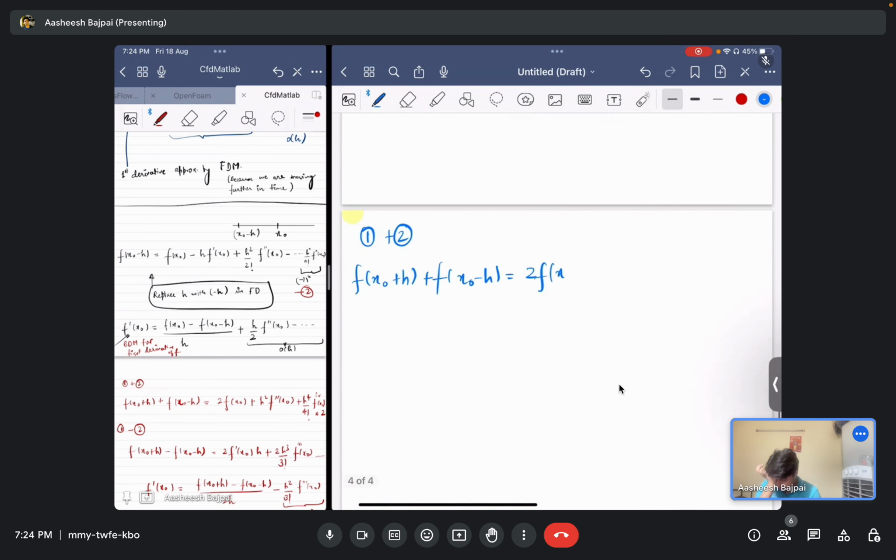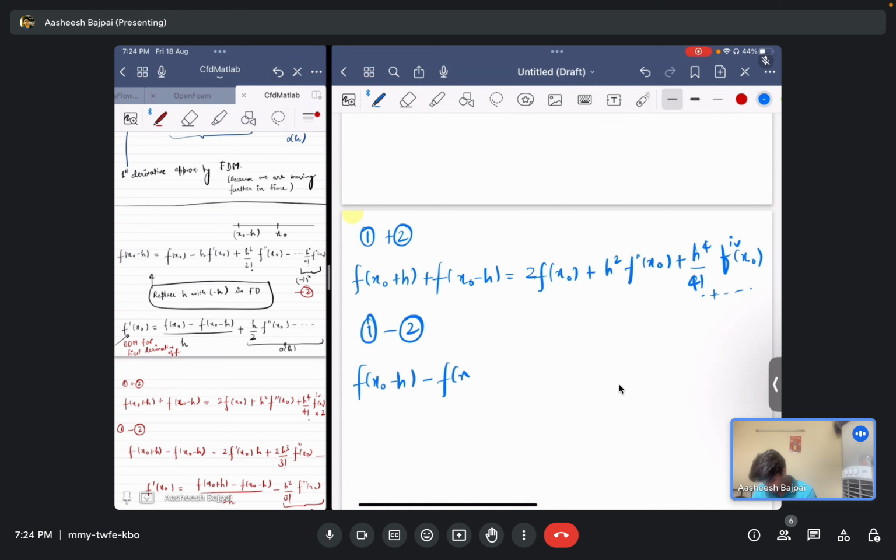I am adding these two equations: f(x naught) plus h square f''(x naught) plus h to the power 4 by 4 factorial, the fourth derivative of f(x naught). And 1 minus 2, what will that be? f(x naught plus h) minus f(x naught minus h) is equal to 2 f'(x naught) into h plus 2 h cube by 3 factorial f'''(x naught).